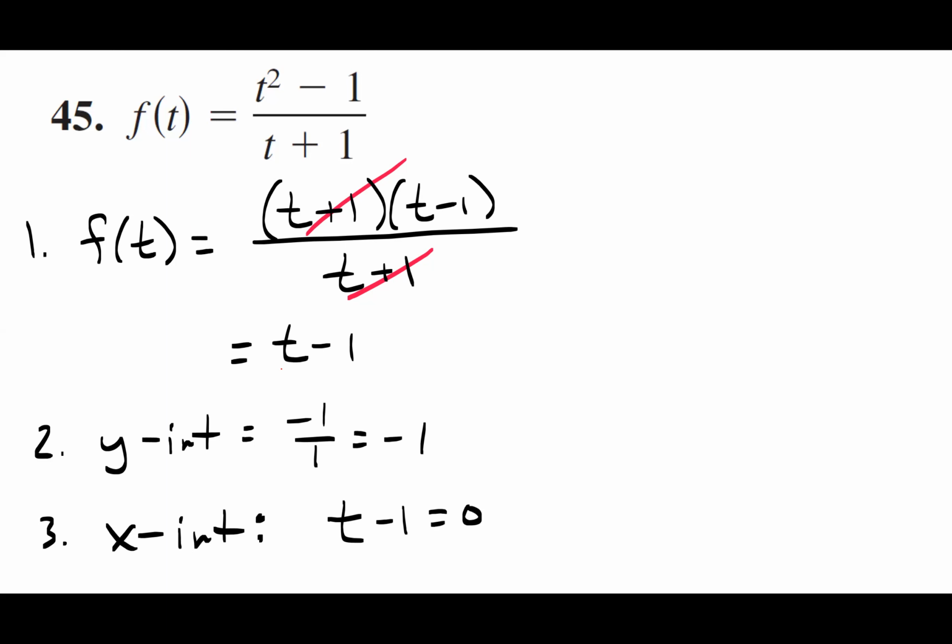Because this is all over 1, we don't have a denominator now. So t minus 1 is the numerator, and we have ourselves 1. So y-intercept negative 1, x-intercept 1. Keep on going. Vertical asymptotes. Are there any? No, there are no vertical asymptotes because the t plus 1 canceled on us.